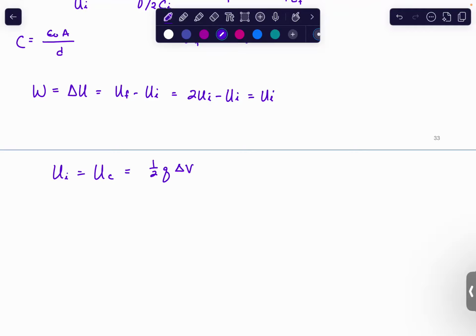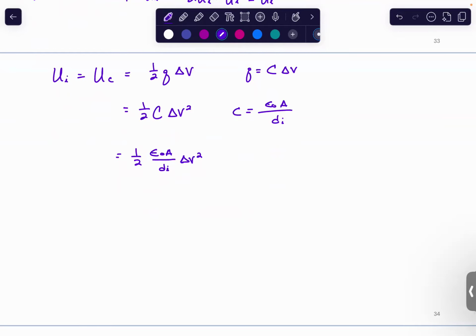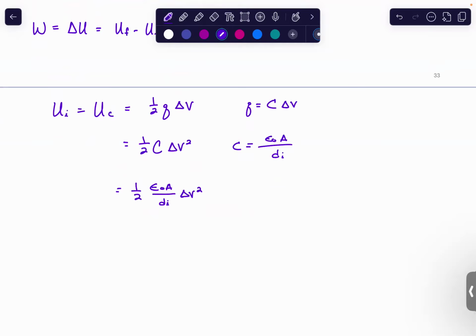We have 1/2 Q delta V, but we don't have Q. So we remember that Q is C delta V. And then our capacitance, because we also don't have that, is epsilon 0 A over that initial distance. Because I put in for Q, C delta V.